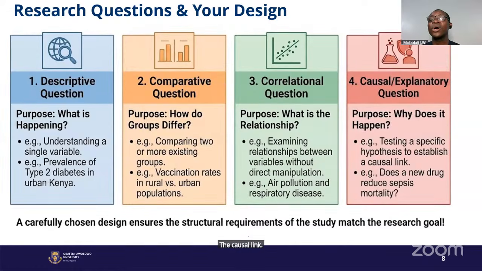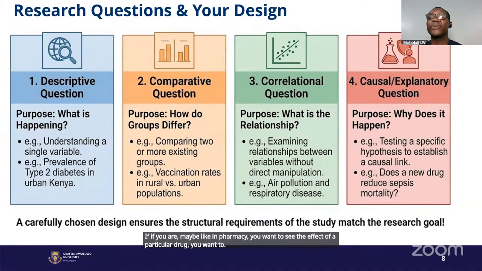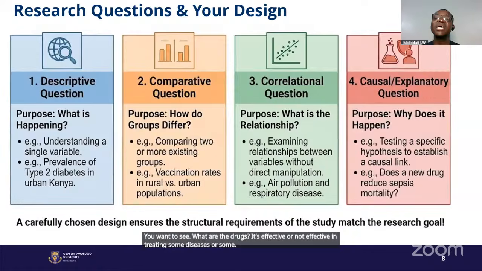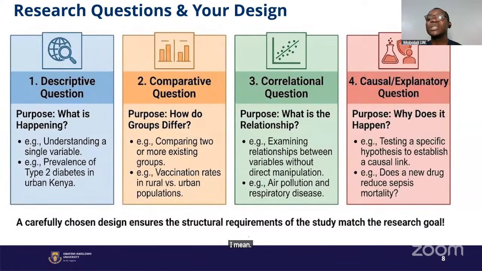So you want to know, for example, if you are maybe like in pharmacy, you want to see the effect of a particular drug. You want to know whether the new drug reduces sepsis mortality, or you want to see whether the drug is effective or not effective in treating some diseases or some situations, some health problems. So this is already a causal question.